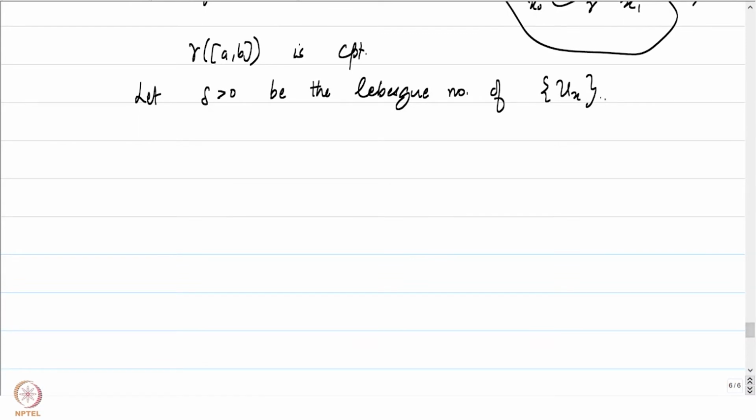Because of compactness we have a delta. What we will do is partition [a,b] such that the partition size is less than delta by 2.